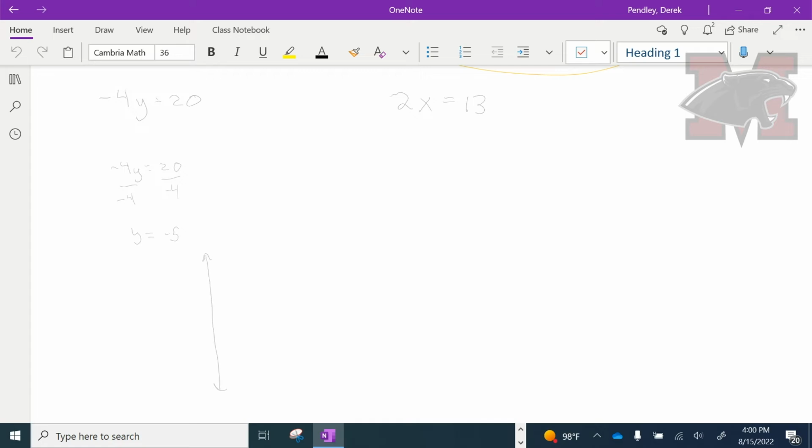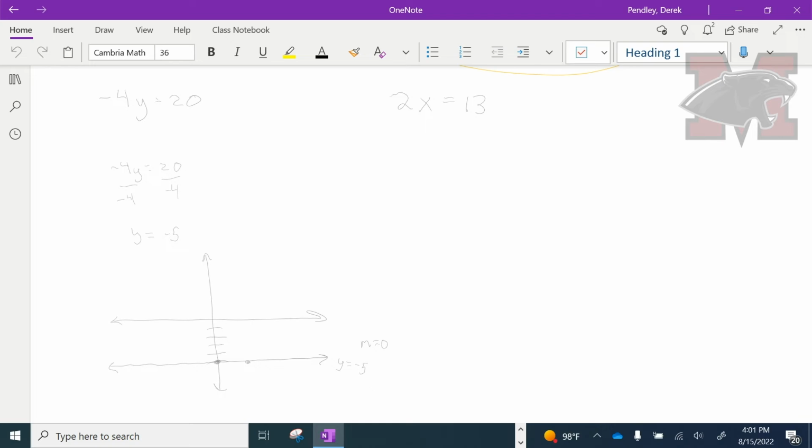Where is my y value negative 5? Well, I know that's one point. I know that's another point. Well, I have at least 2 points so I can connect the line. So this is my line, y is equal to negative 5, and my slope is 0.